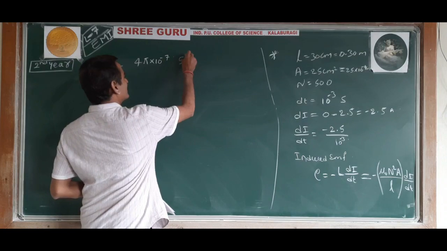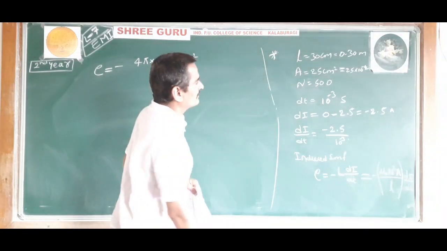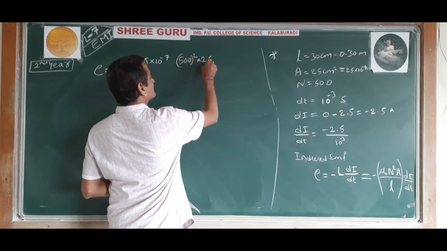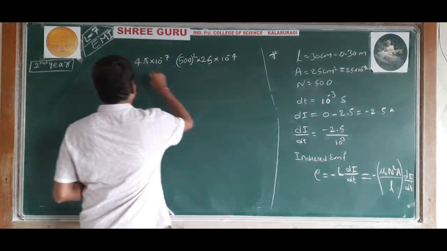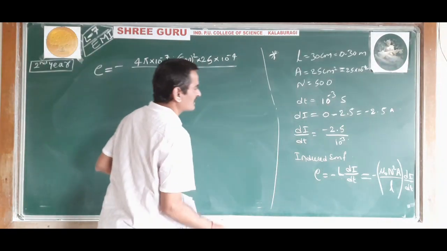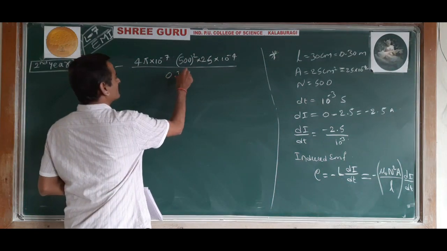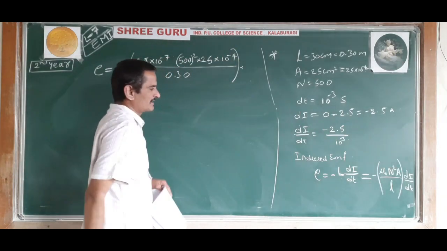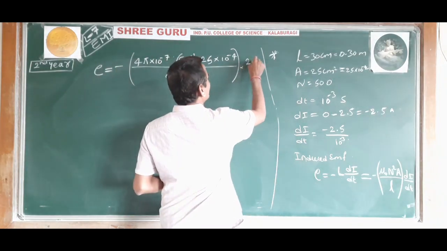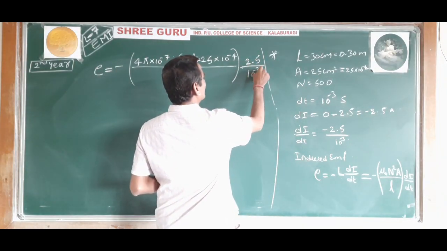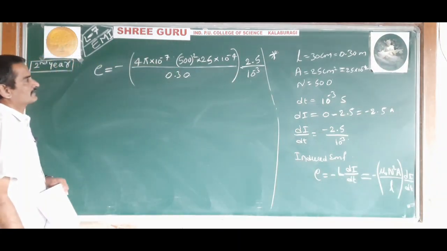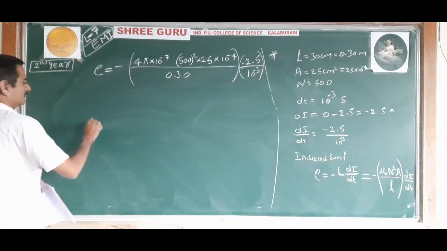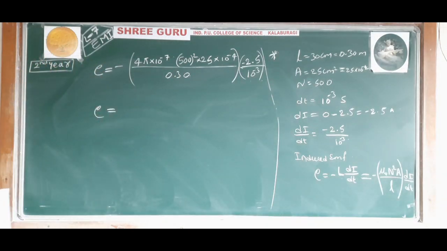N square, N is 500 square, into A, the area of the coil, 25 into 10 to the power minus 4, divided by l, the length of the coil, that is 0.30 meters, into di by dt, which is 2.5 divided by 10 to the power minus 3. This is also minus, so minus into minus is plus. So do the simplification.